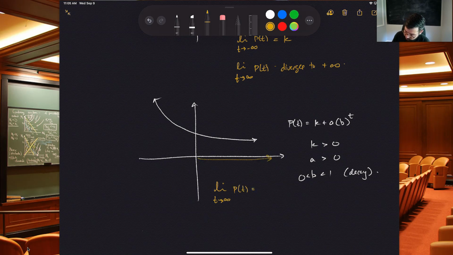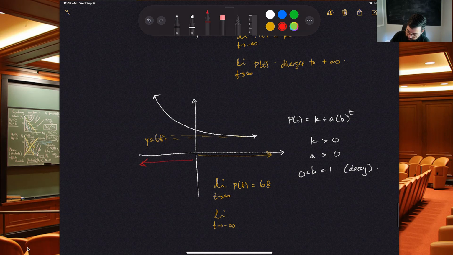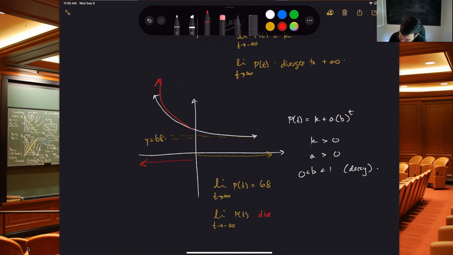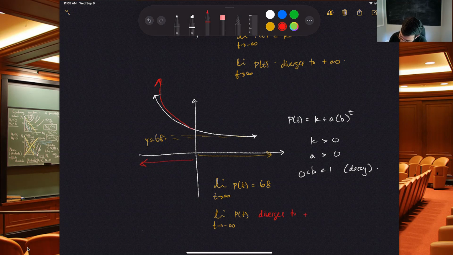Well, as t goes out this way, what happens to my output? It levels off to y equals 68. And the limit as t goes to negative infinity, as I take t and go this direction, what's happening to my output? It's blasting off to positive infinity. So that's the long run behavior here.